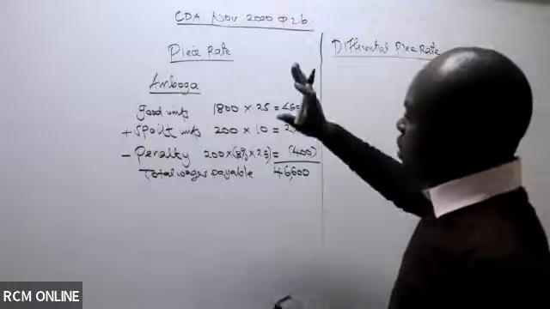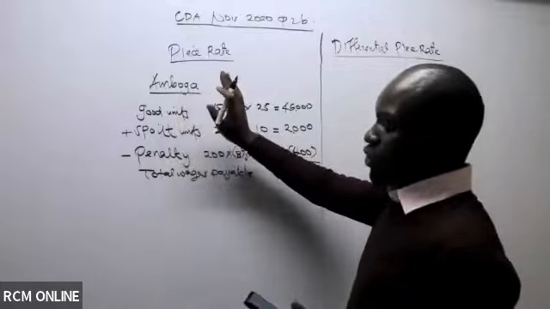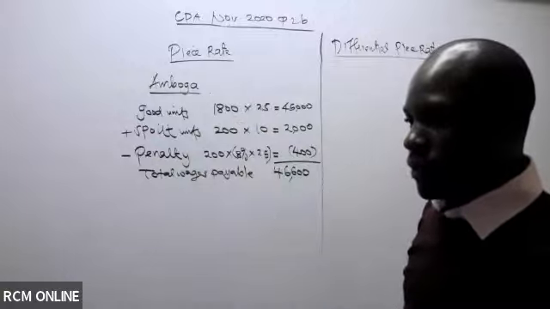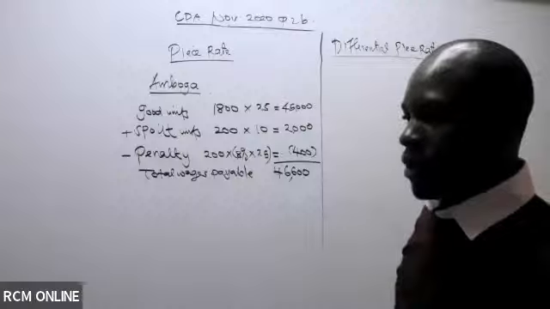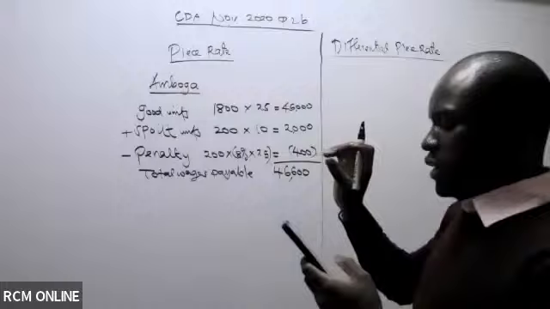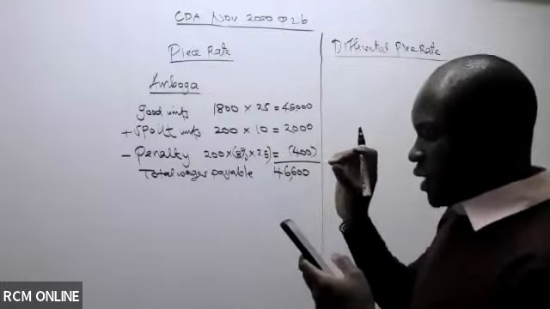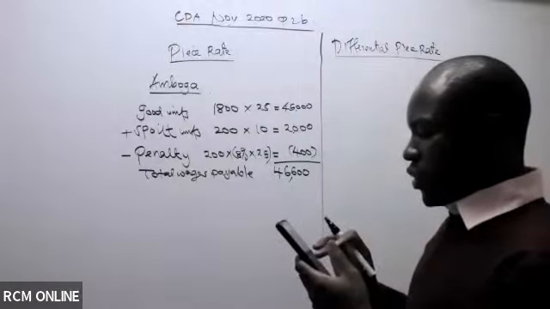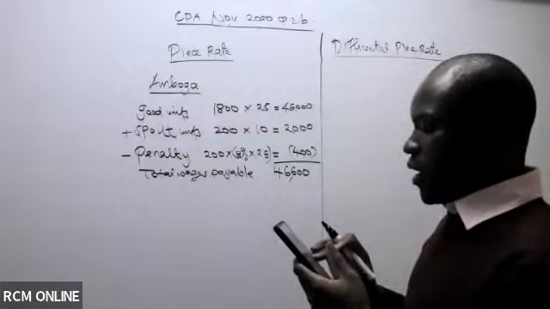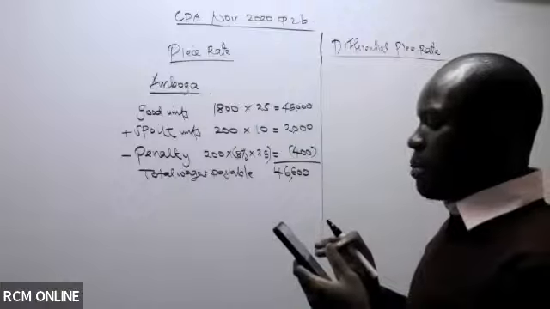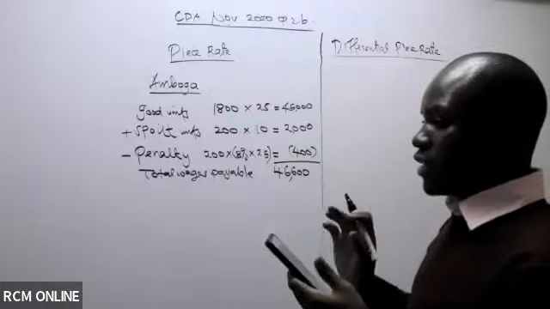Now, Amboga here produced a total of 2,000 units. What about basic pay? A minimum. Read it very well. Read the entire question. Read everything. We are told the penalty at the rate of 8% is charged based on the rate of the good. The employees are guaranteed a minimum monthly pay of 8,000.